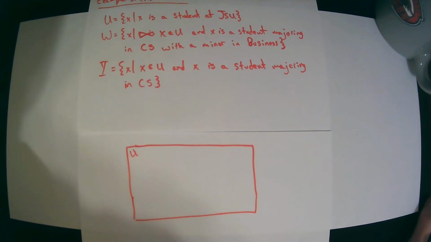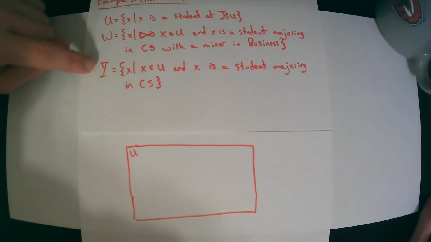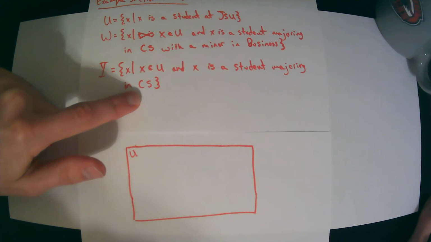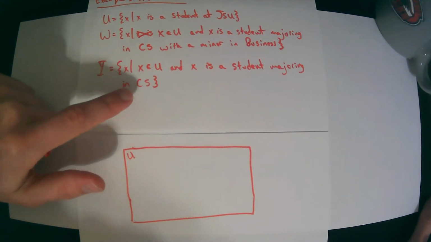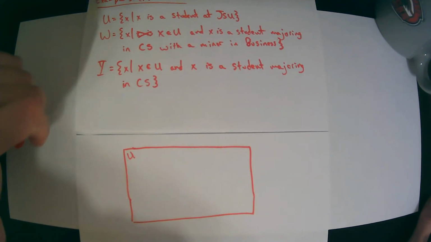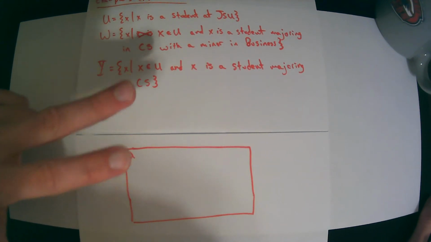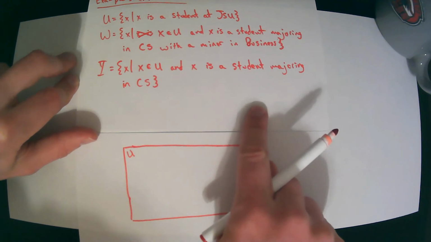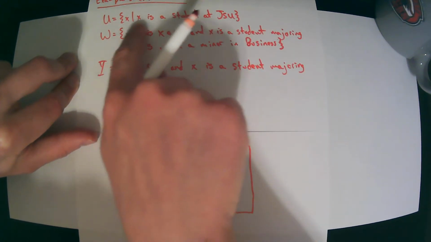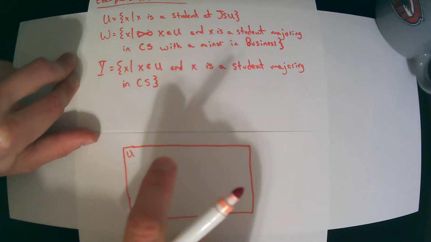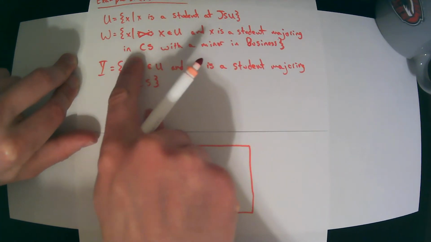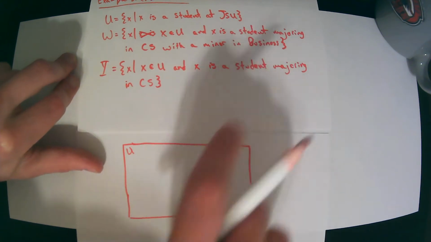Y, because Y has all of the students majoring in CS. They might have minors in business, mathematics, accounting or biology. W is a more specific set. It's not as general, right? It's just the students majoring in CS with a minor in business.